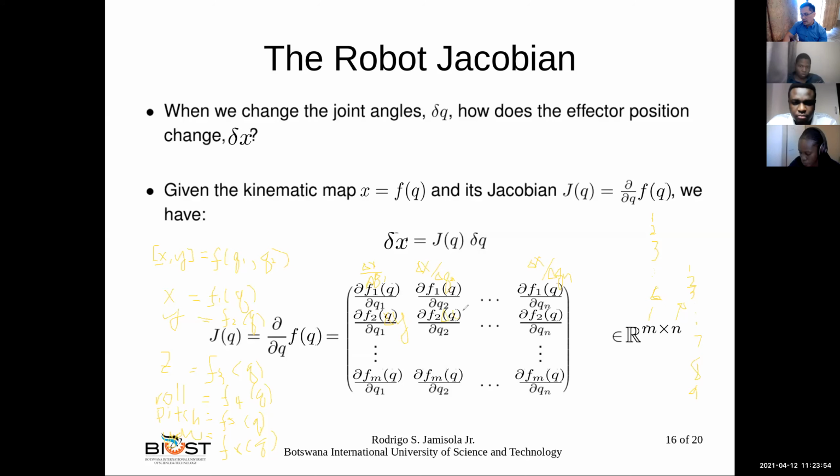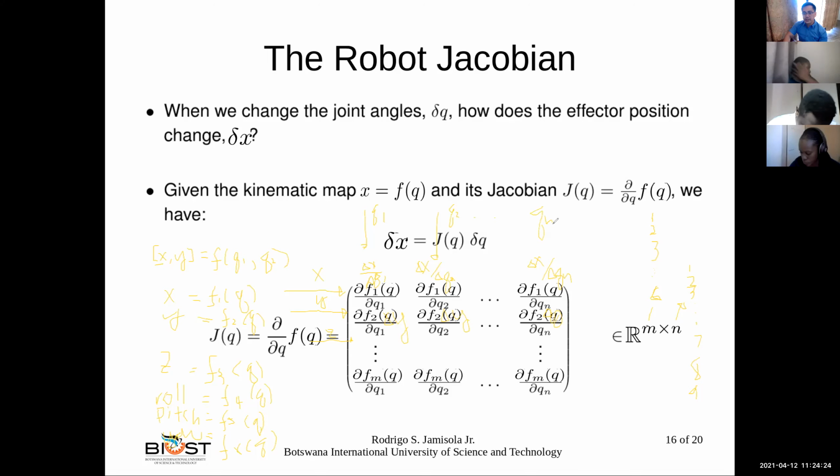Again, this one is delta y, and then this is delta y, and so on. Okay, so if you see the rows is dependent on the x, again, y, and probably if you have a third row here is z. And then the column is dependent on Q1, and second column, Q2, and so on until Qn.